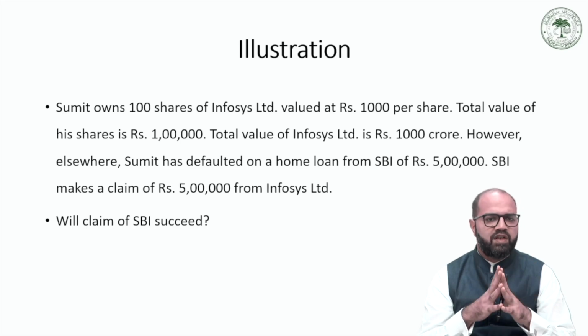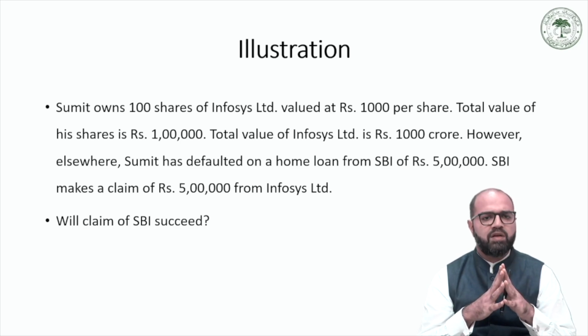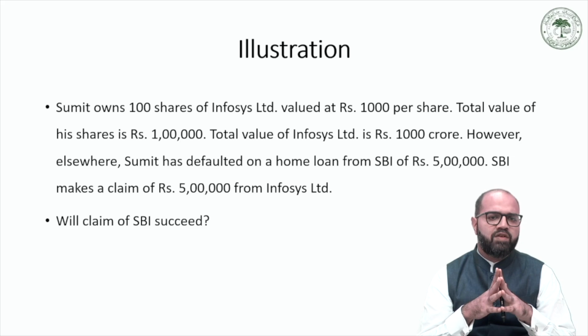So the illustration is that a person, Sumit, owns 100 shares of a company named Infosys Limited, valued at rupees 1000 per share. Now multiplying the number of shares with the value of each share, his total shareholding is rupees 1 lakh.